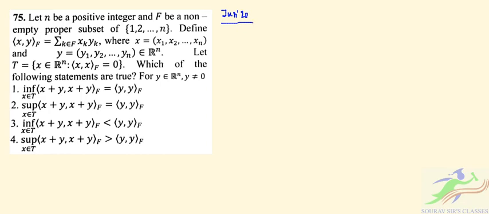We have to find which of the following statements is true, and we are given that T is equal to the set of x, an element of R^n space, provided that the inner product of x with x is 0. So we have to find which of the following statements are true.